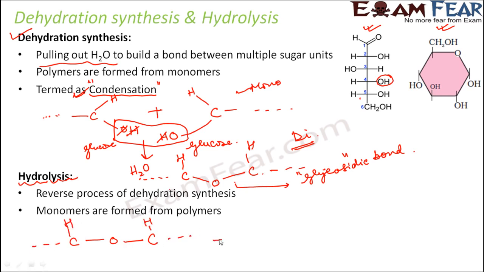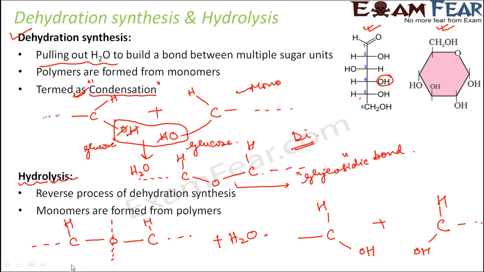Now when you add water, what happens? This bond gets broken down and you again get the two glucose units. So this process is called hydrolysis. That is, with water, you are cutting down the bigger molecule into smaller molecules.